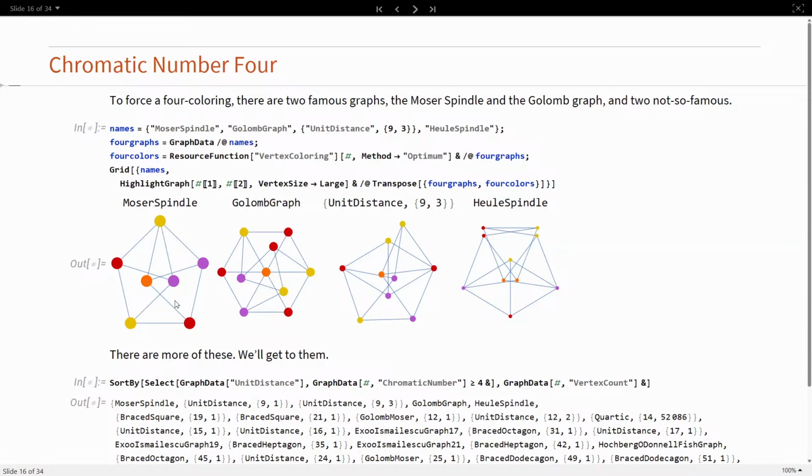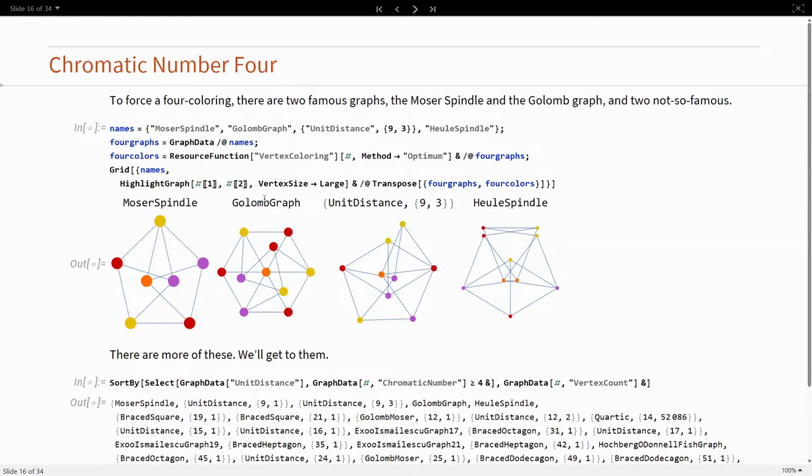But you also have another diamond over here. If you use the same argument, you'd need to use this color down here as well. But that would put the same 2 colors together. And so this spindle requires at least 4 colors for a vertex coloring.